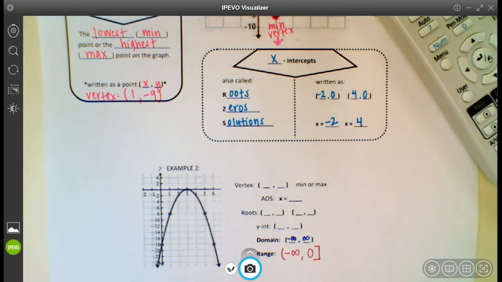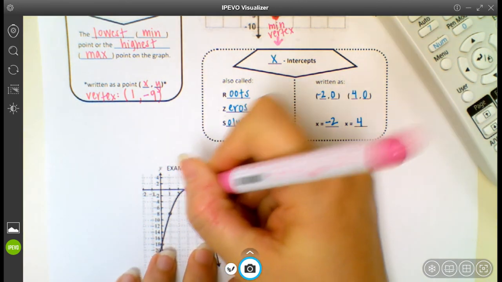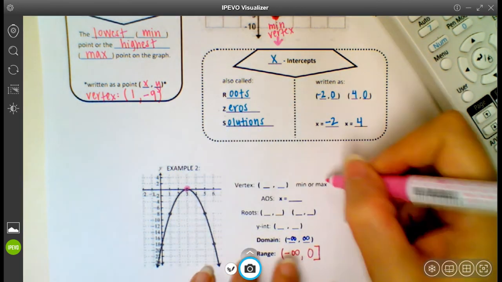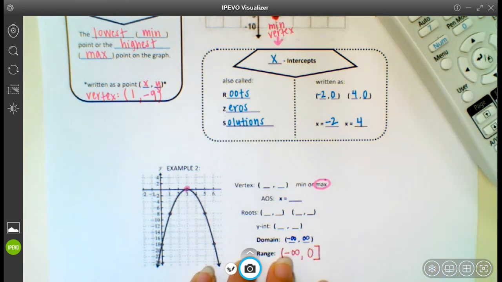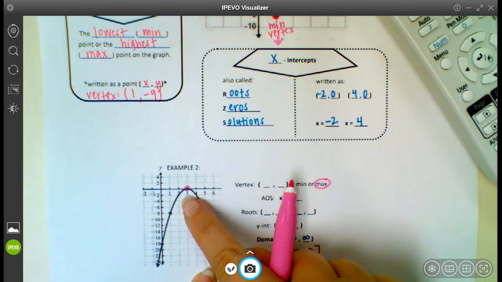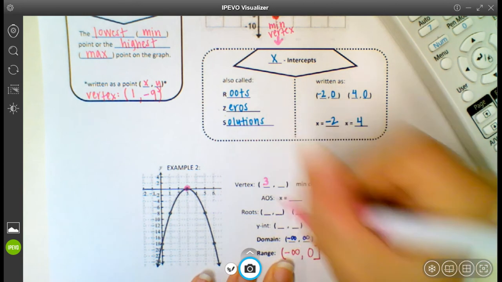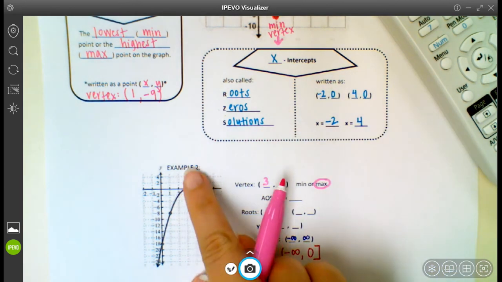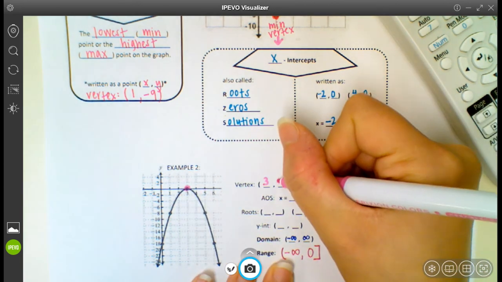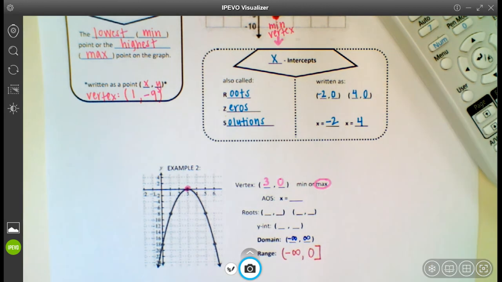Okay, now let's talk vertex again. Well, we kind of already identified that our vertex is the highest point, which means that this guy is a maximum, and its location is over +3, and we didn't go up or down any, so 0 movement up or down.